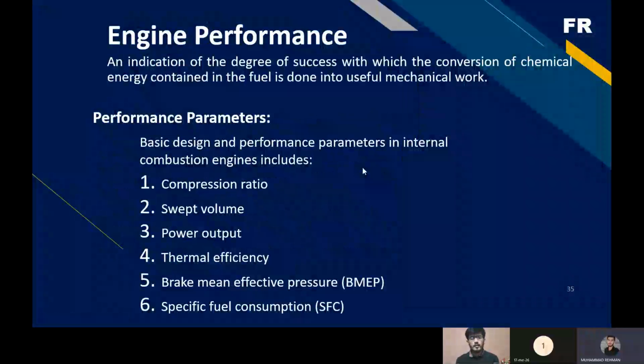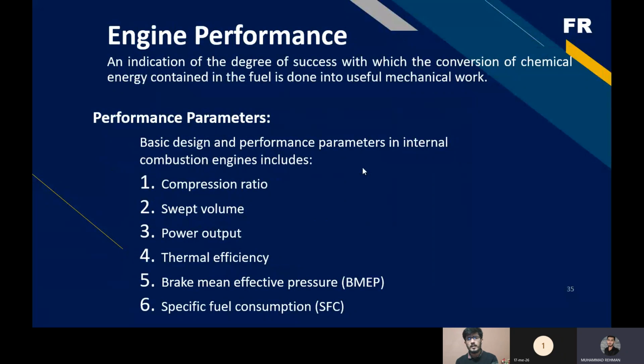Now, engine performance. Engine performance is used to measure how efficient an engine is, or what output we are obtaining, and what the values of the parameters are.